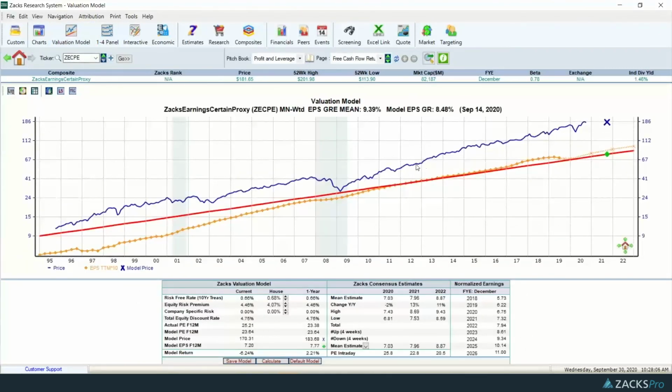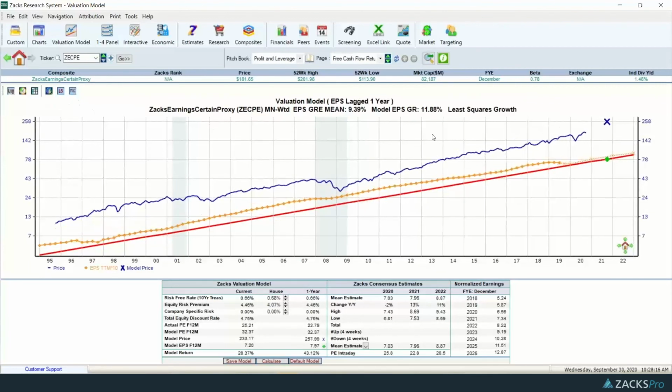PE multiples will expand and contract. That's going to take place in the face of changes in the forecast for macroeconomic headline risk. We monitor that as well. Here's your 11.88% long-term trend rate.